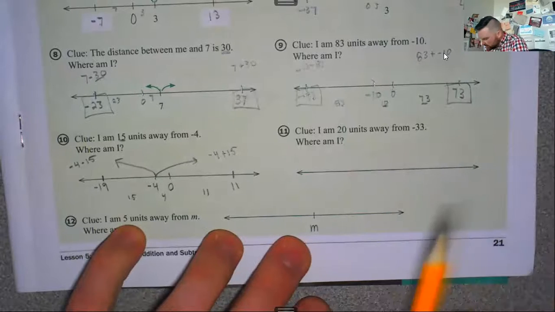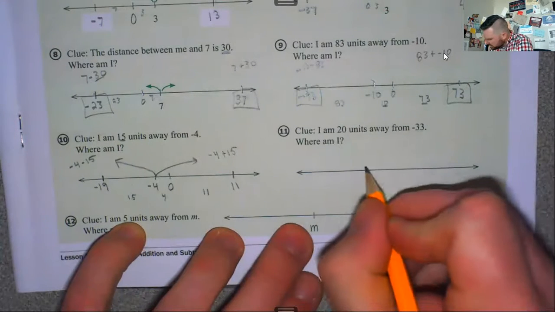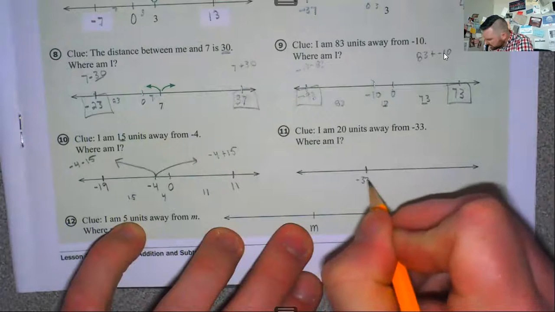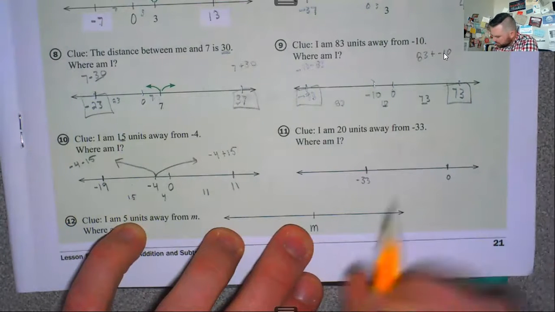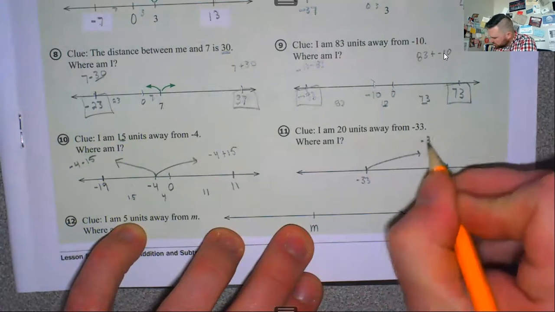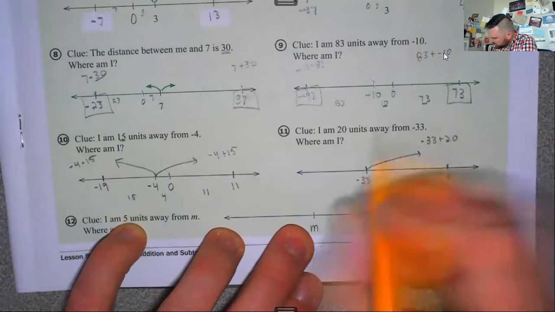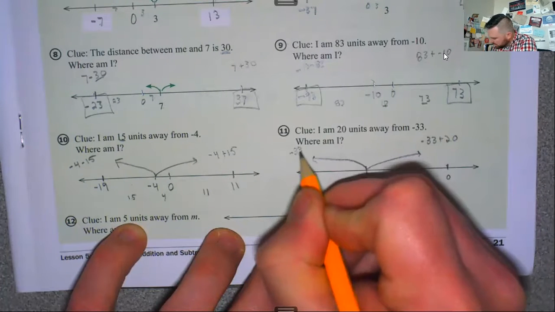Number 11. I am 20 units away from negative 33. So here's negative 33. Zero's way over here. Where am I? So we're going to go this way. We're going to take negative 33 plus 20. And we're going to go this way. And we're going to take negative 33 minus 20.